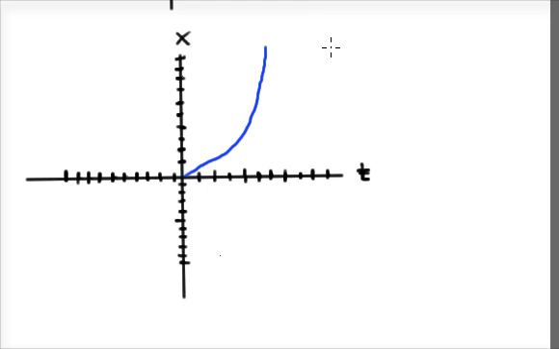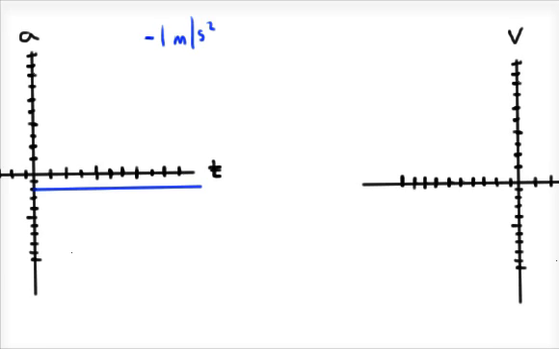Before we said that in the x versus t graph, our slope is velocity. And you'll see that we don't have a constant slope here. In fact, the slope is changing. The slope here is kind of like there, slope here like there. So you can see it's getting steeper as we go up, which means the slope is getting higher, which means our velocity is getting higher.